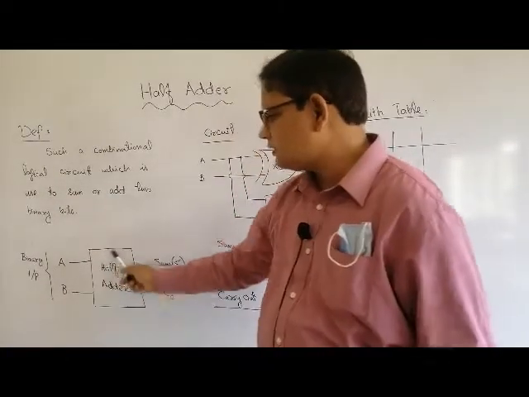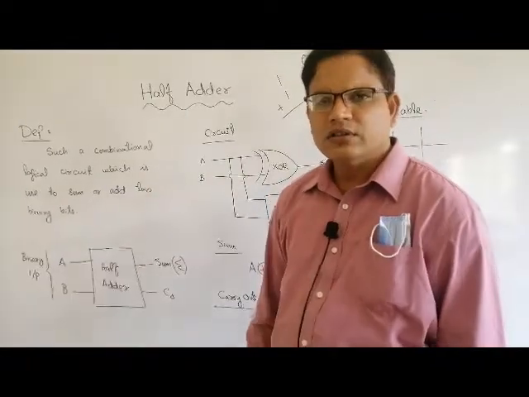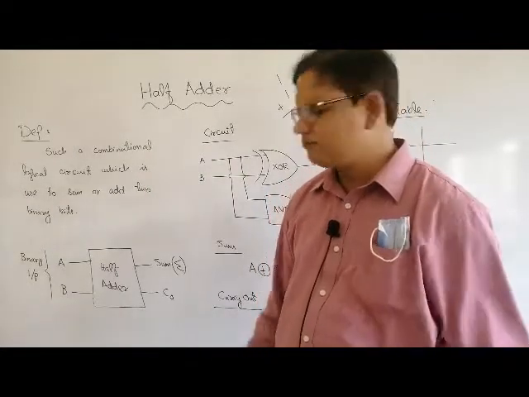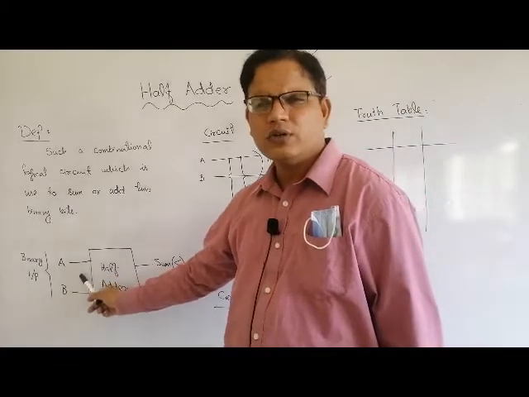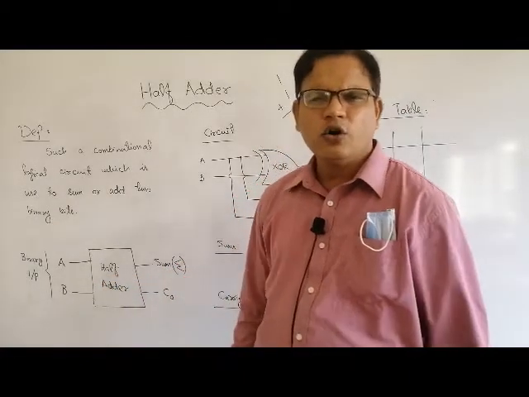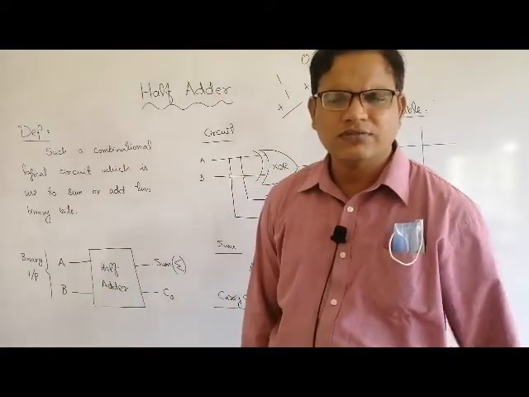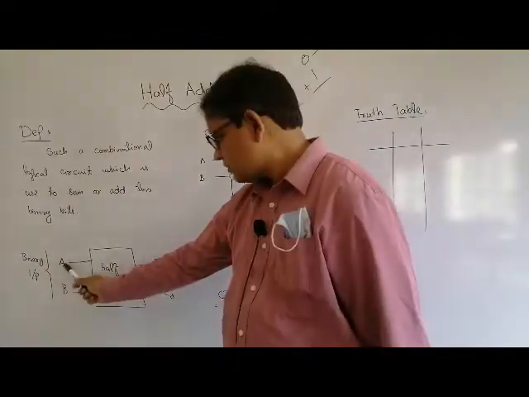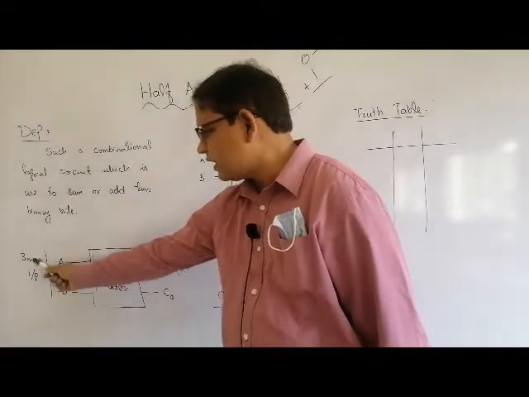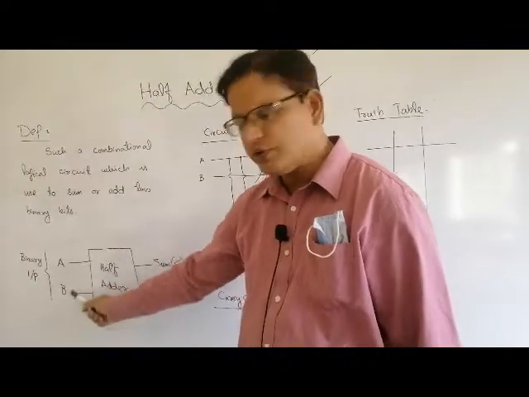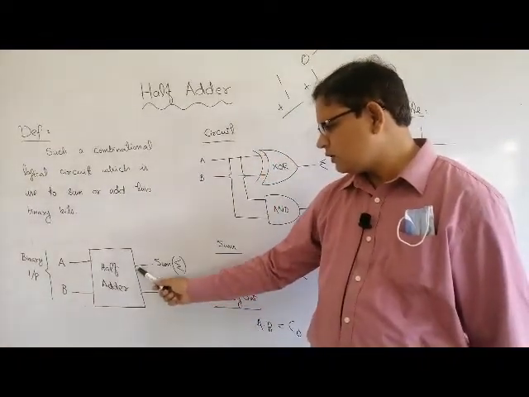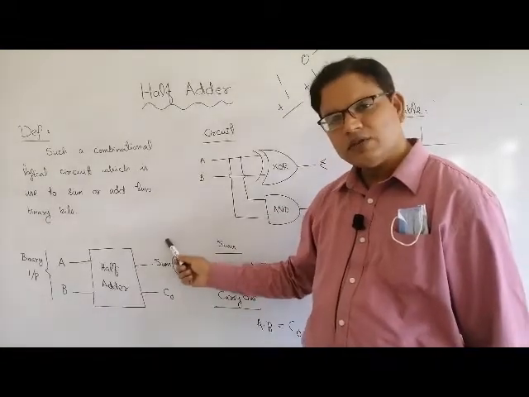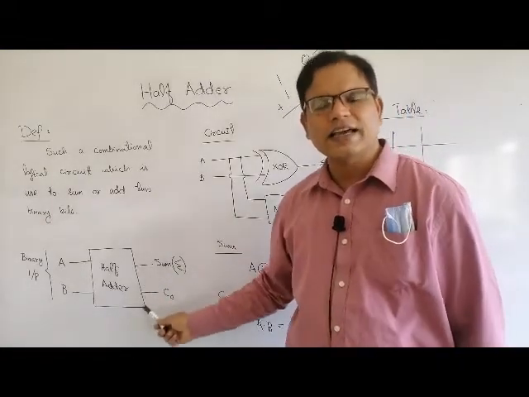Here I have designed a little block diagram so that you can understand how easy this process is. It is not a tough circuit. Here are the two binary inputs A and B, while here are the two terminals, one showing sum and one showing carry out.